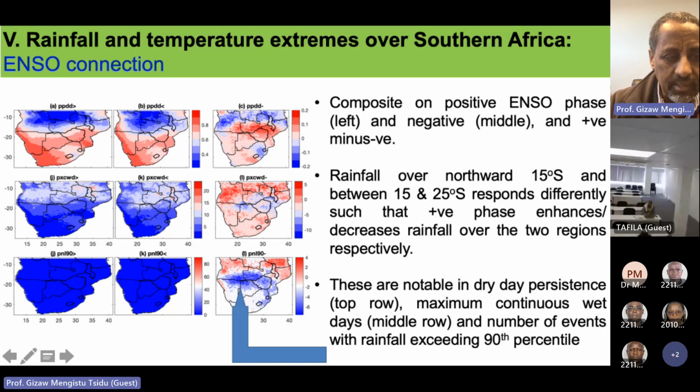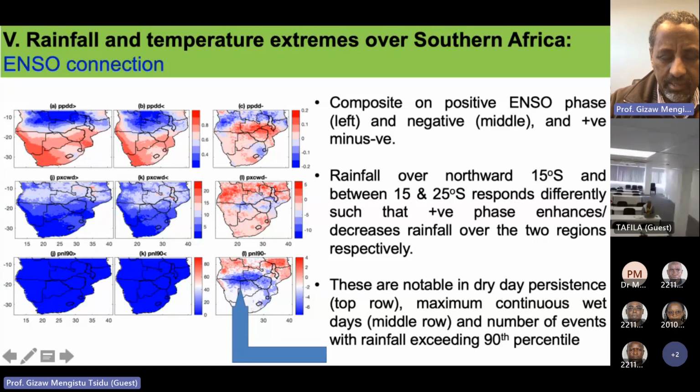And looking at continuous wet days, you see exactly again blue in the central part, where you have dark red here, strong red color. If you look at the middle row, here again blue is negative. That means La Nina, in this case, is better over this area in terms of continuous wet days.